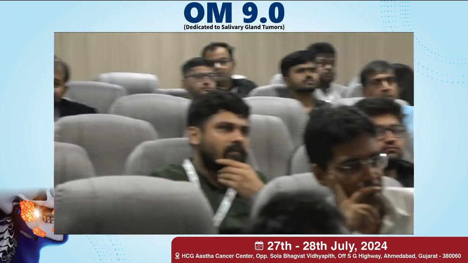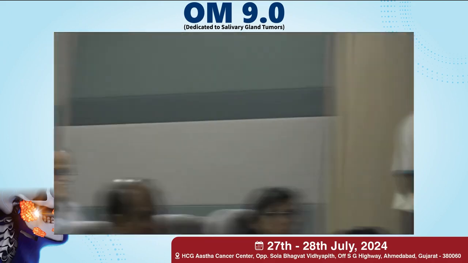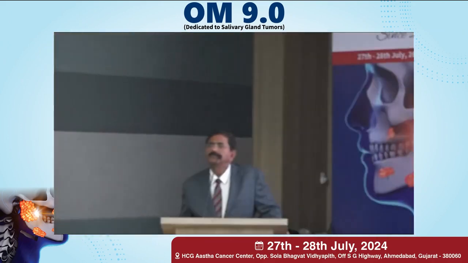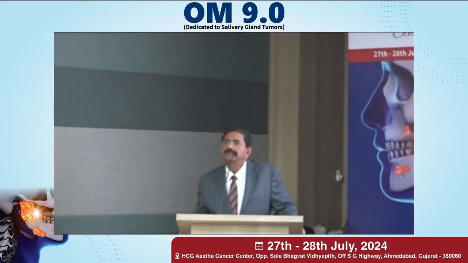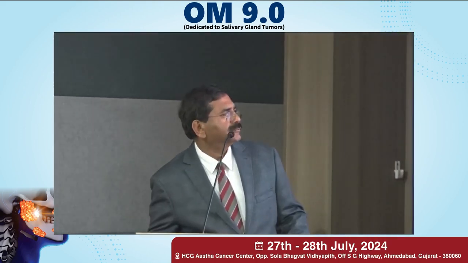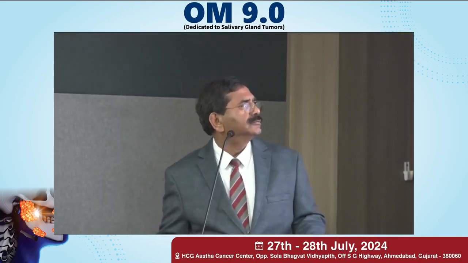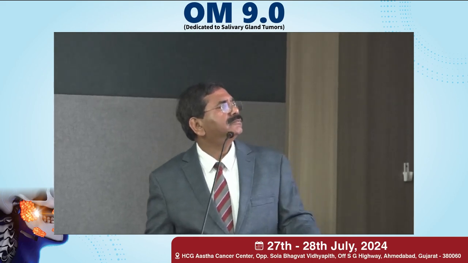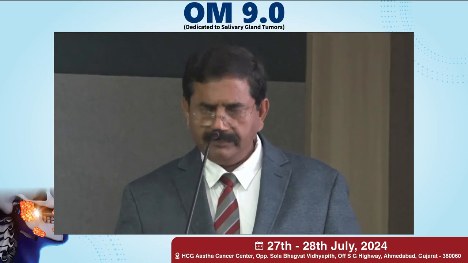Your dissection stops at the main trunk and then you'll be able to deliver the specimen. I don't usually do the full facelift, I do the modified facelift where you don't take it to the hairline, because at the hairline, if you have scar alopecia, it looks really bad on the patient. So for infraauricular tumors where you don't need to dissect the facial nerve much, I would do a modified facelift.